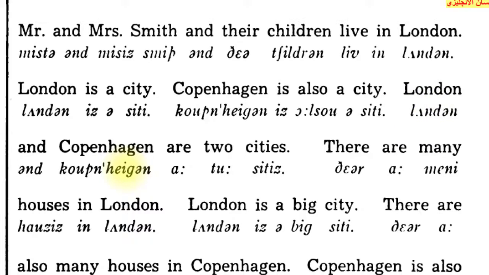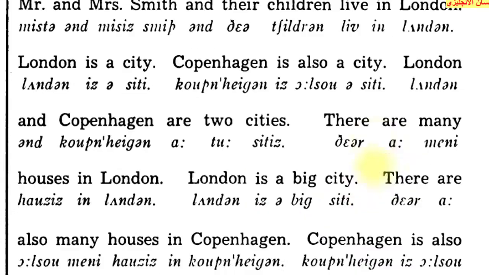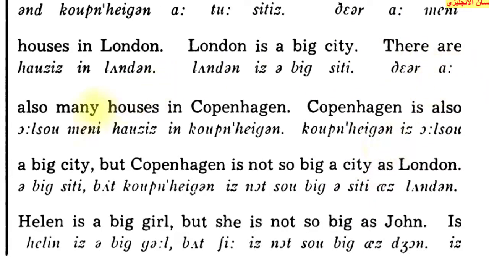London and Copenhagen are 2 cities. There are many houses in London. London is a big city. There are also many houses in Copenhagen. Copenhagen is also a big city, but Copenhagen is not so big a city as London.